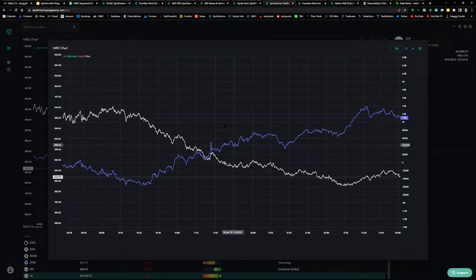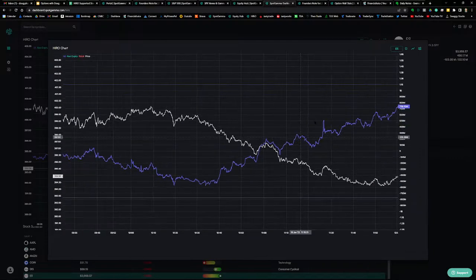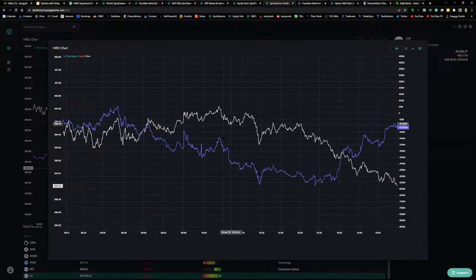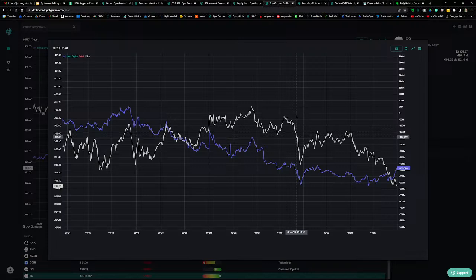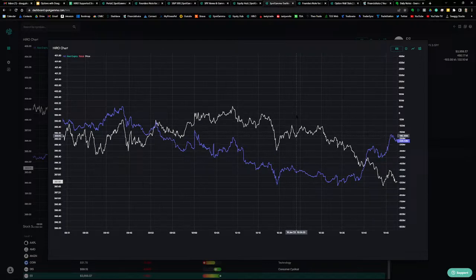And this is showing a cumulative hero signal for the entire day. What I want to do is zoom in on the morning and this reversal lower. And this is showing the price action in terms of SPY.